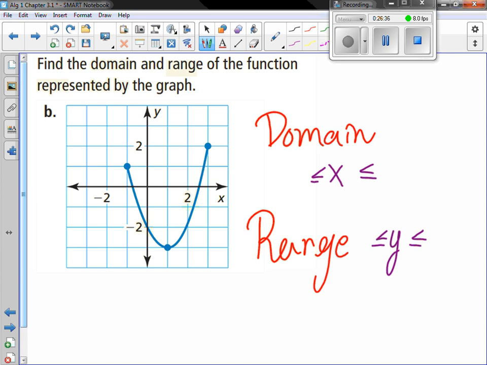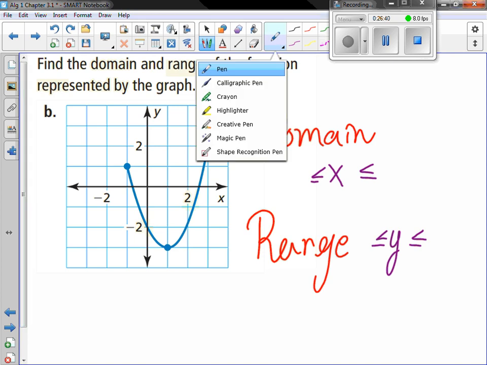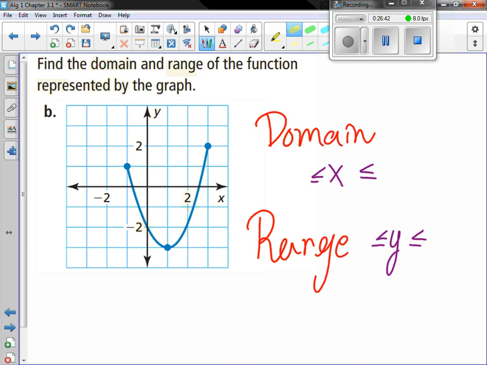So looking at the domain of this function, if I look at the x's, going in this direction here, what is the smallest x value that this function has?